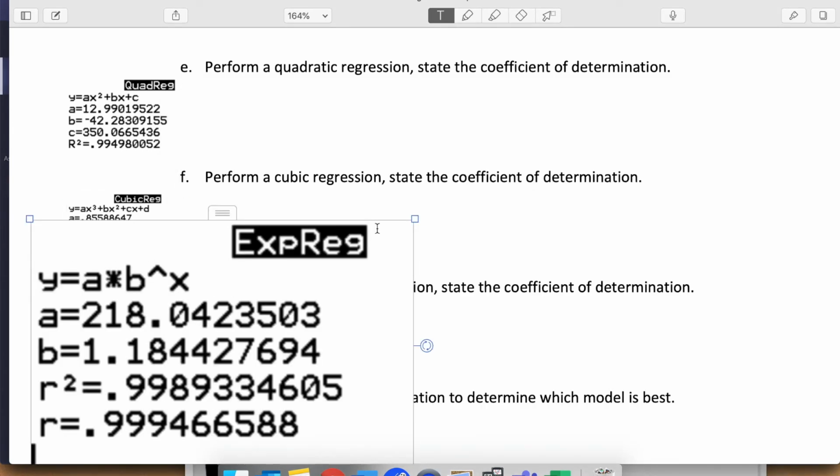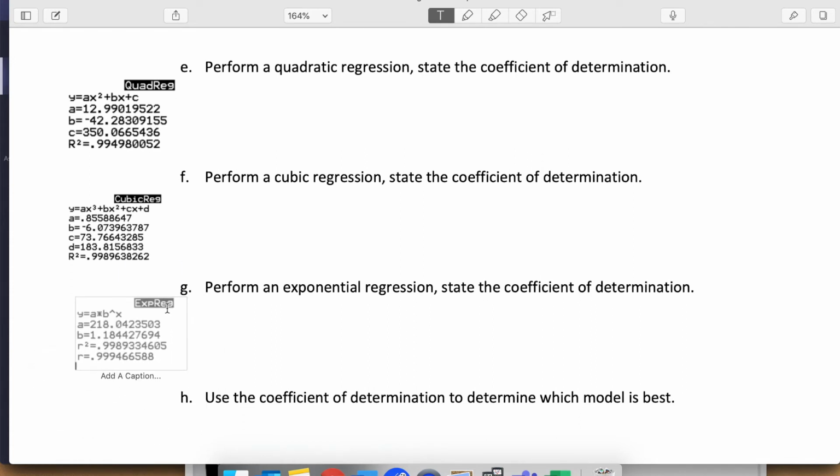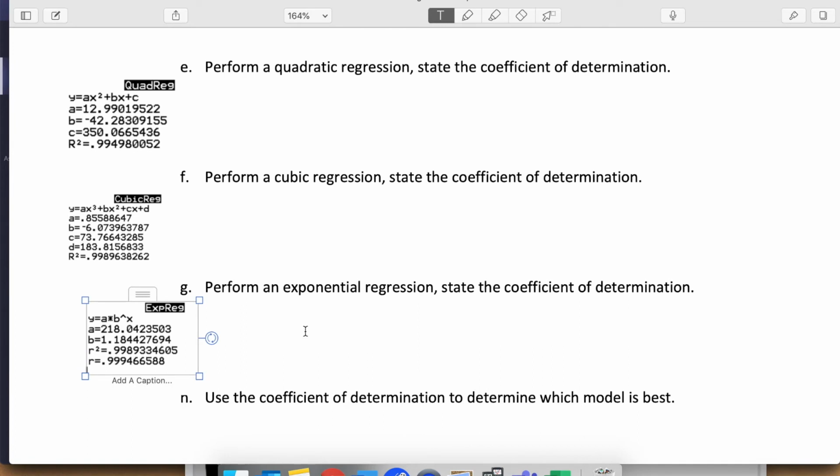The exponential equation is a times b to the exponent x, where a and b are just values determined by what you've got in this equation. In this one, I get an r squared of 0.9989. So this is pretty much the same as the cubic one. But I'm going to stick with the exponential because I think it's going to be a better match. They're essentially the same.